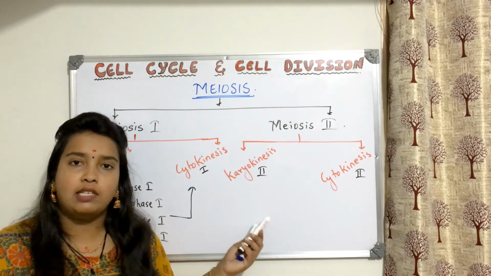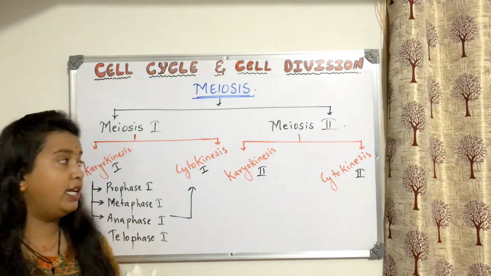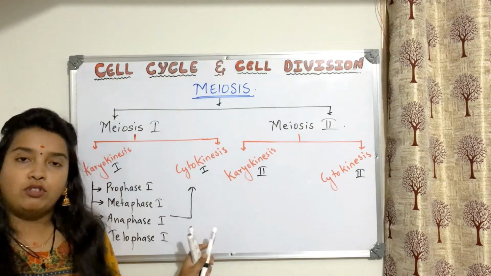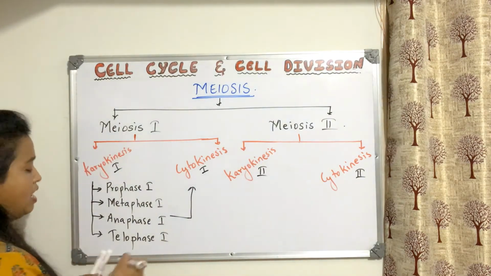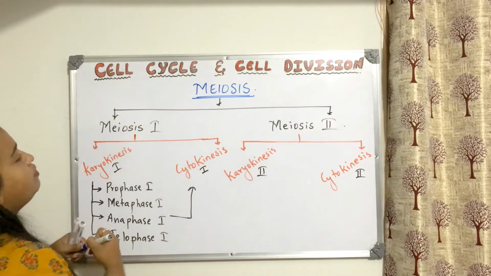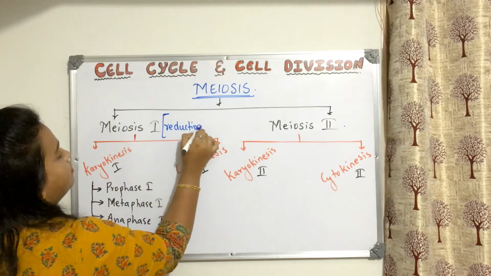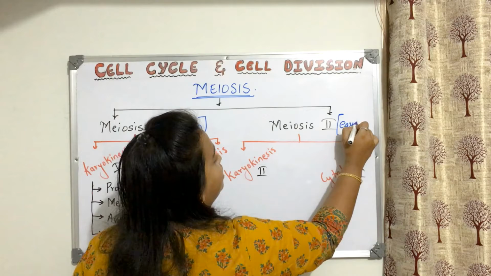We were talking about the blueprint. We have taken the example where the parent cell has 4 chromosomes. As it completes meiosis 1, the number of chromosomes in the daughter cells will be 2 and 2. It is reduction division. Meiosis 1 is always reduction division, and meiosis 2 is equational division.